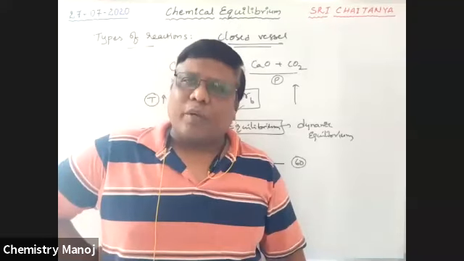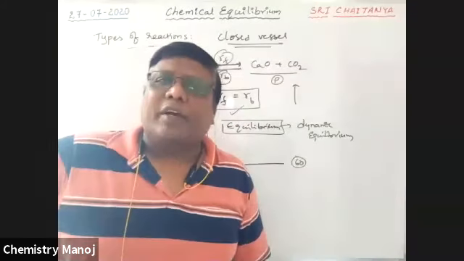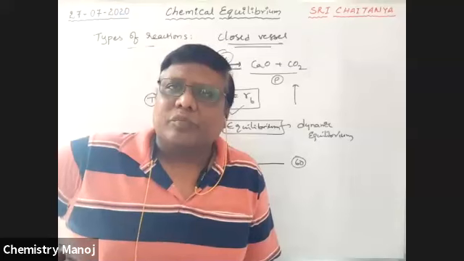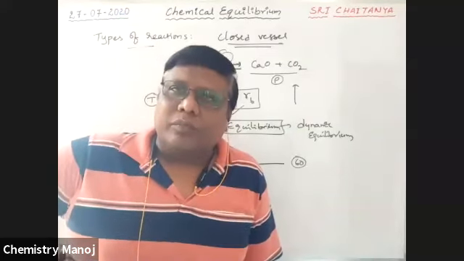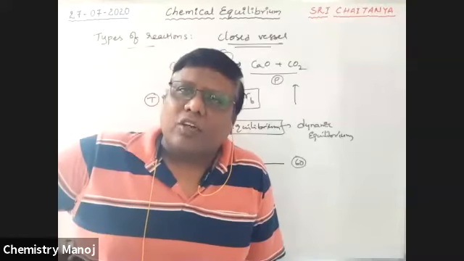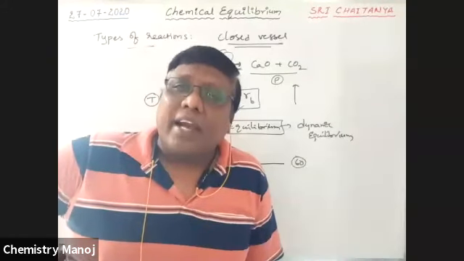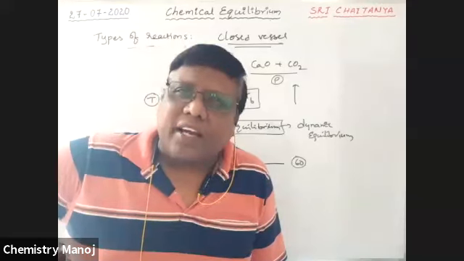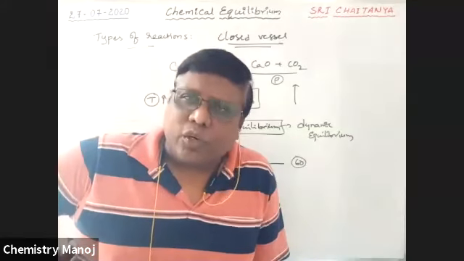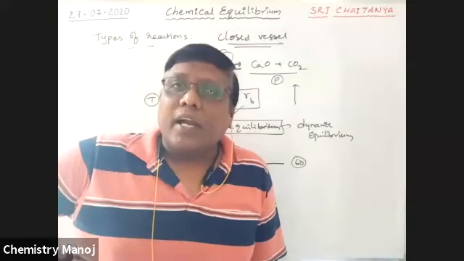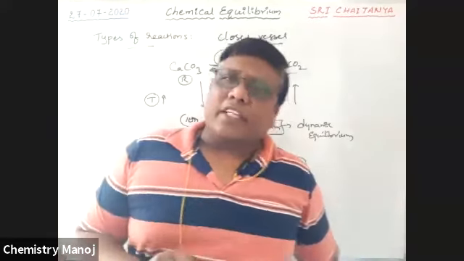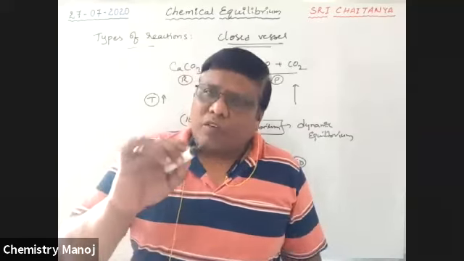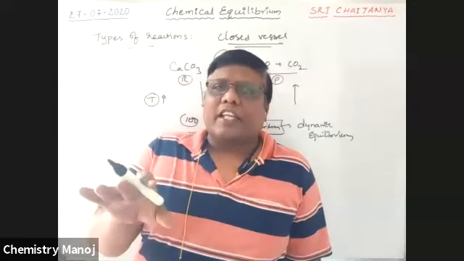What is dynamic equilibrium? See, my dear boys, once again I am telling you. In a reversible reaction at equilibrium, the rate of forward reaction is equal to the rate of backward reaction. The net reaction is equal to 0, but both forward and backward reactions take place simultaneously.